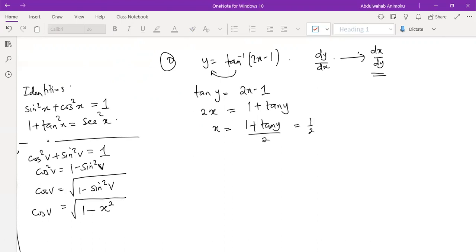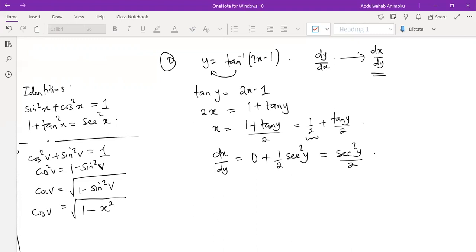So let's just rewrite this as this, separate it to make it easy to differentiate. So dx dy is basically the differentiation of this with respect to y is 0, plus differentiation of tan y would be what? So we can take 1 over 2 out. Differentiation of tan y is just secant square y. So the answer to this is secant square y over 2.